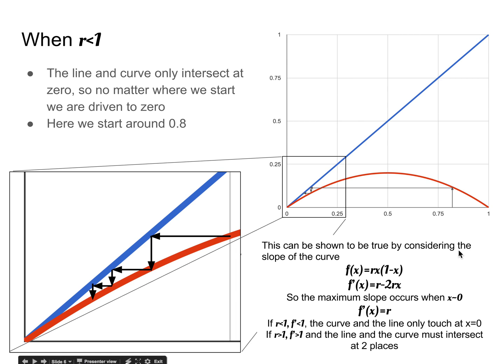Now here's the math. So here's our logistics function, and for those who are familiar with calculus, here's the derivative of the logistics function. And from this, we can calculate the maximum slope, which occurs when the starting point is approximately 0.